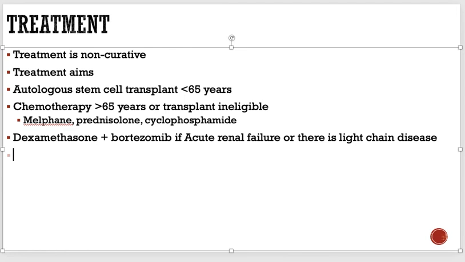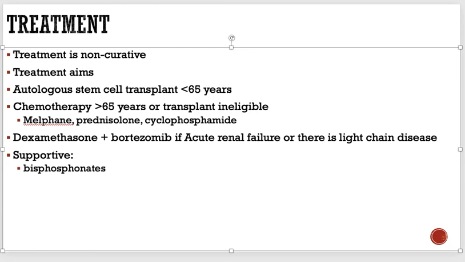Rest is all supportive treatment, guys. What kind of supportive treatment do you have to give in these patients? What do they have? If they have lytic bony lesions, give them bisphosphonates. Ask them to take it upright and keep sitting after taking the tablet for at least half an hour.